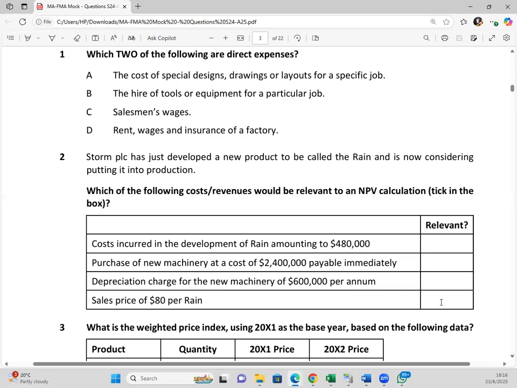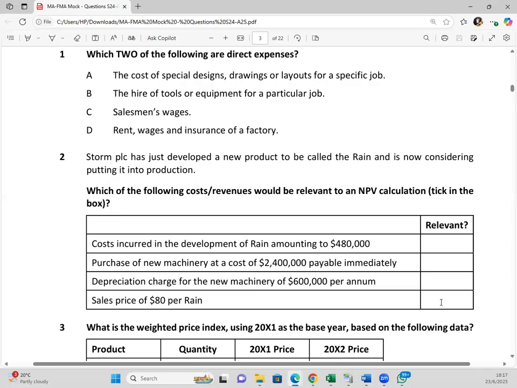Let's work as a team. Even Noku, you're allowed to help us, please. Depreciation relevant or non-relevant? It shows that a lot of you are not even listening.